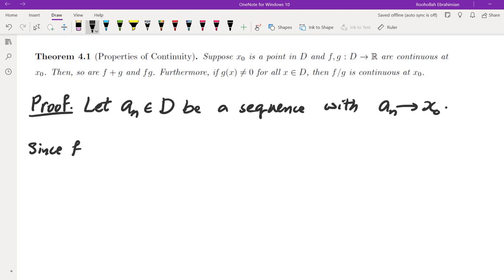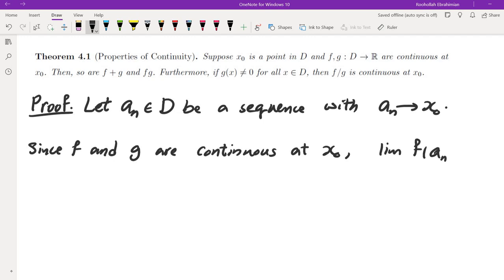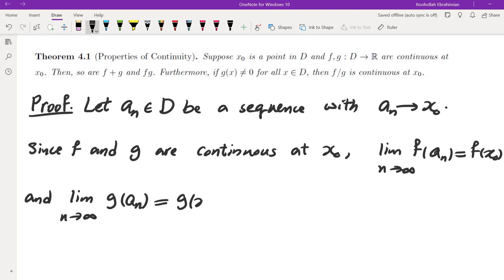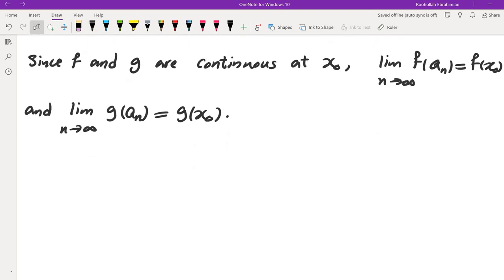Since f and g are continuous at x naught, limit of f of an is f of x naught as n approaches infinity, and limit of g of an is also g of x naught as n approaches infinity.